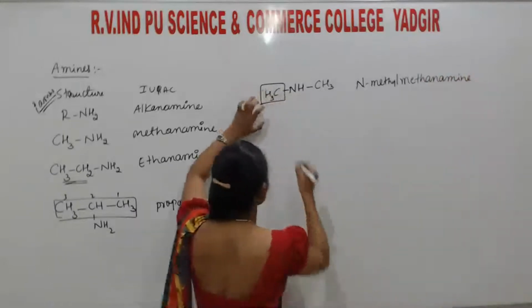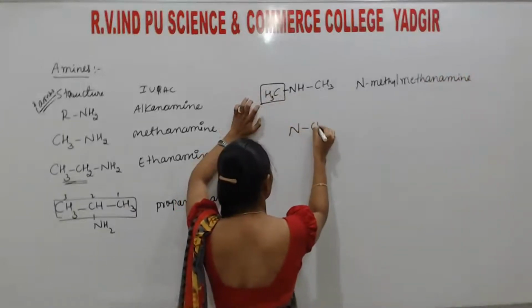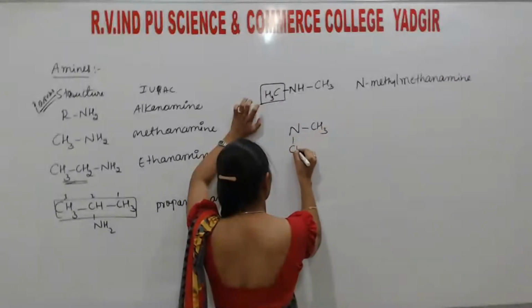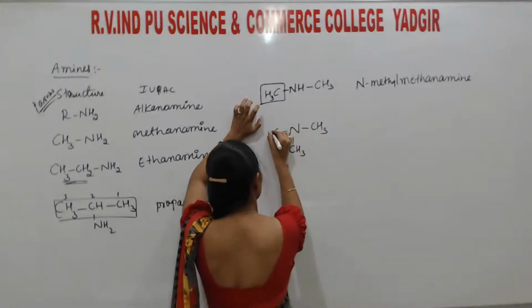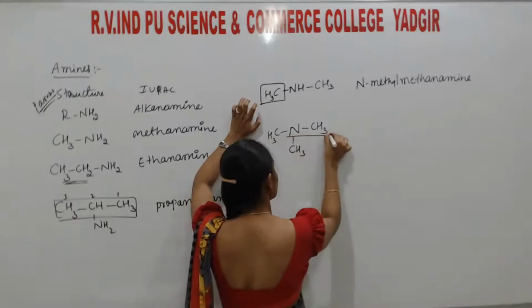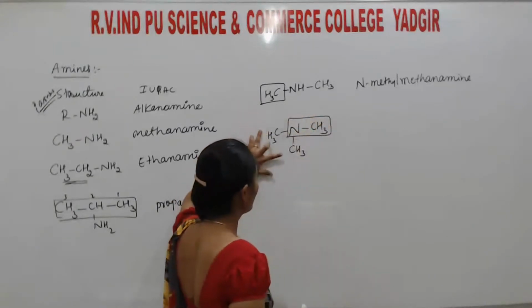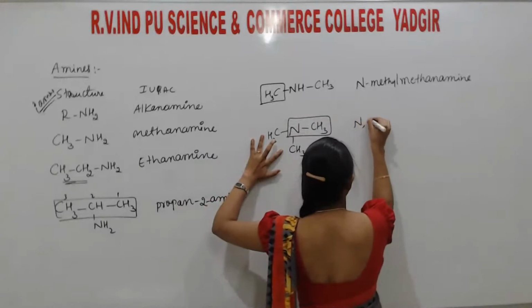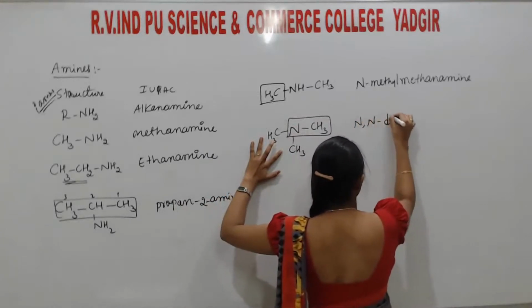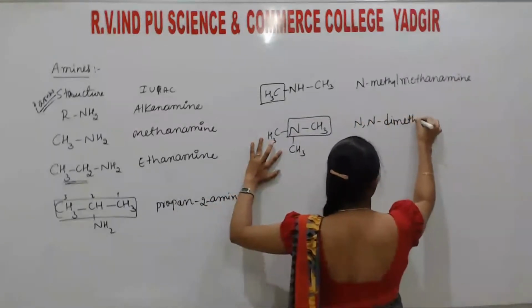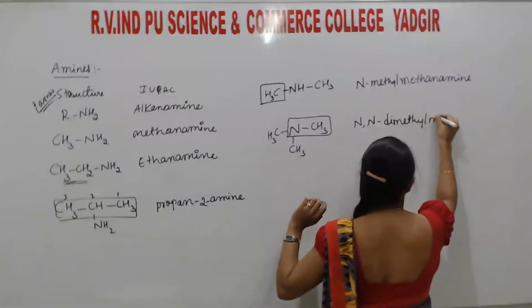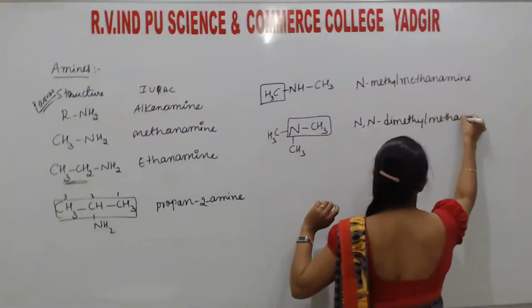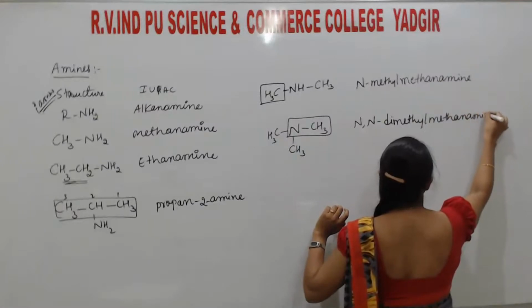Okay. So if this N is further attached to three groups, then one is considered as a parent chain, remaining two are substituents. Substituents are attached to what? N. That is NN dimethyl methanamine. Remember students, why I am taking NN here?